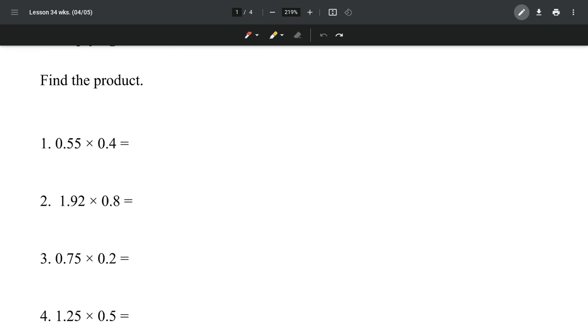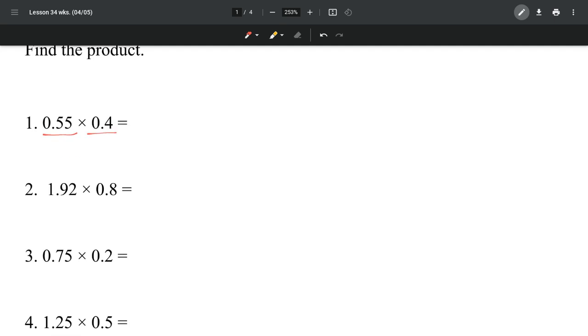Okay, but for number 1, we're finding the product of 0.55 and 0.4. The first thing that we're going to do is move the decimal point and make it a whole number.